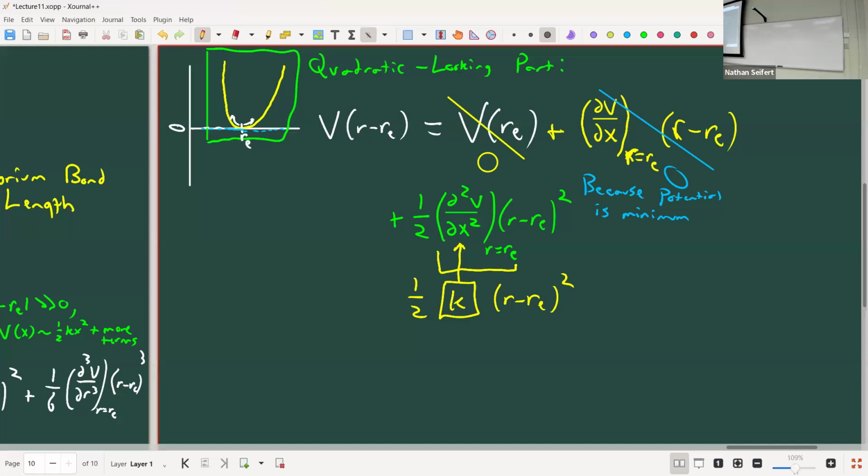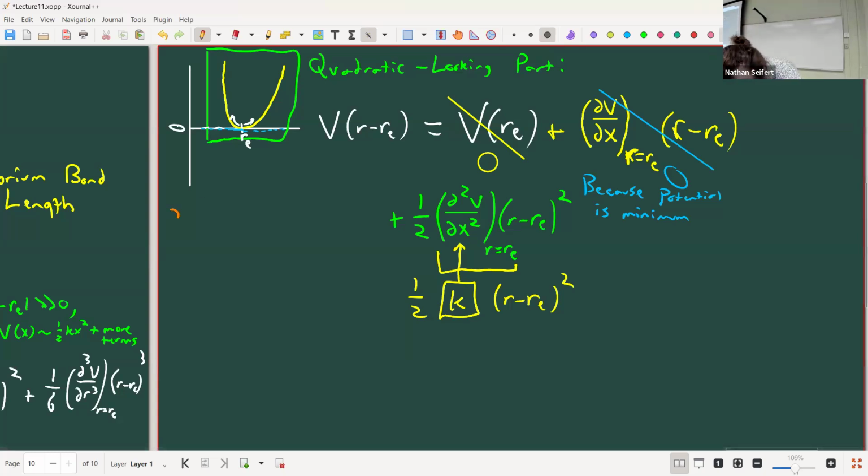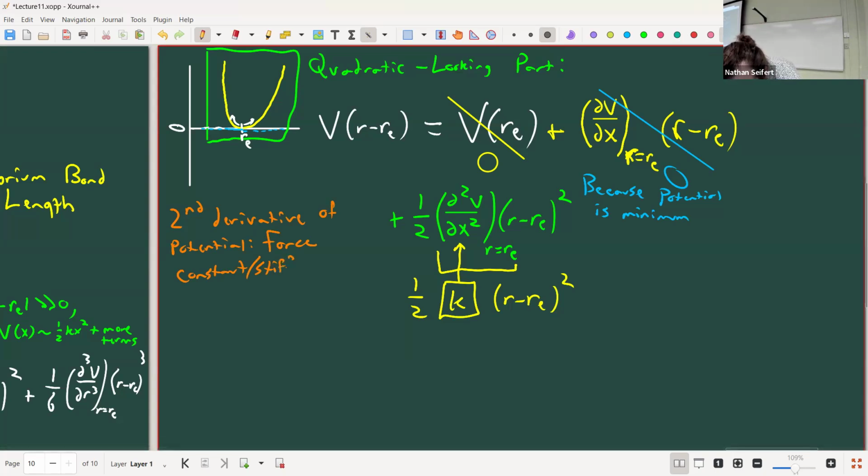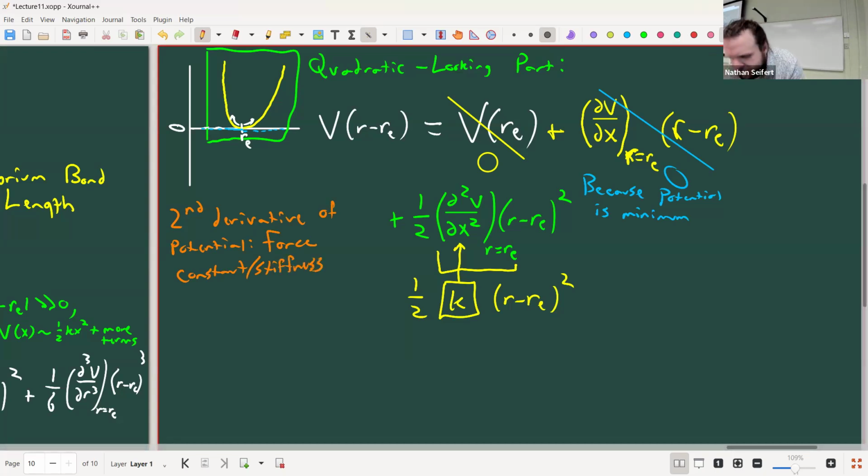As the curvature gets smaller, the bond gets floppier in some sense. So the second derivative of the potential is the force constant or the stiffness. The stiffness tells you how sharp the potential is.